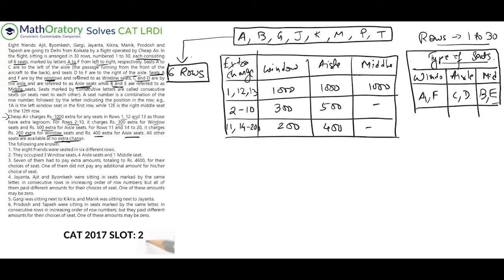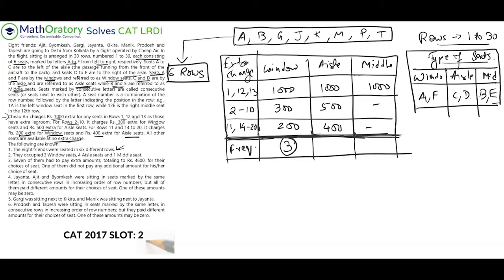So they're seated in 6 different rows. This is given, so that is the first information. The second says they occupied 3 window seats, 4 aisle seats, and 1 middle seat. Let me take this here itself. So this is a frequency, the number of window seats occupied, number of aisle seats and so on.